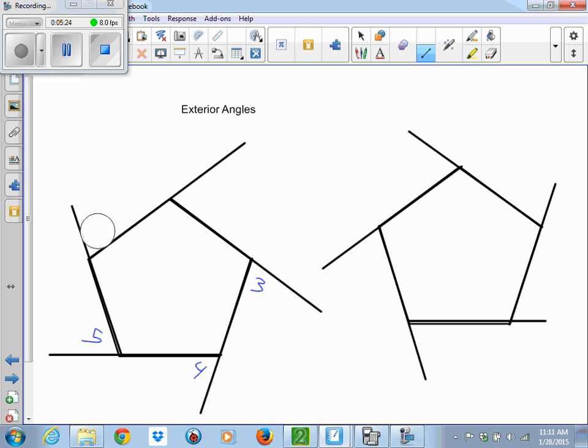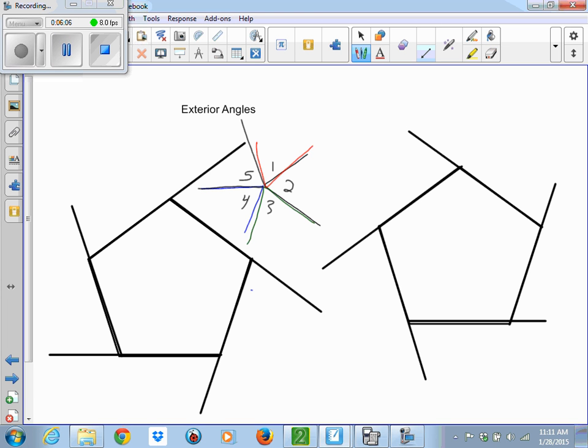What I'm going to show you today is how this works. We're going to take all of these angles, and this isn't exact, it's not perfect, just because I'm off a little bit, but we'll talk about the property here. If I take all of my exterior angles and put them next to each other, we have angle 1, 2, 3, 4, and 5.